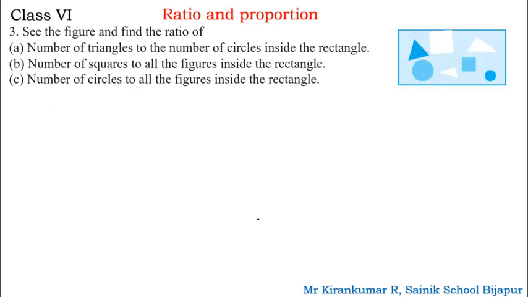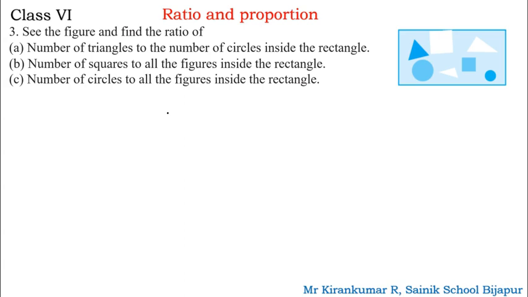Look at the third question here. See the figure and find the ratio: first sub-question, the number of triangles to the number of circles inside the rectangle; number of squares to all the figures inside the rectangle; number of circles to the number of all the figures inside the rectangle.